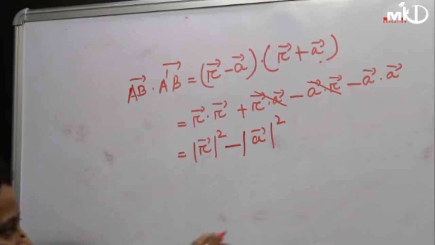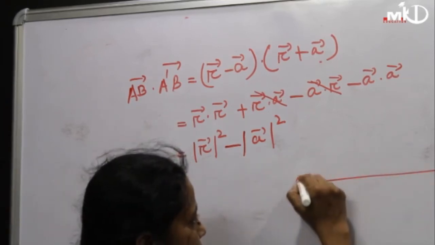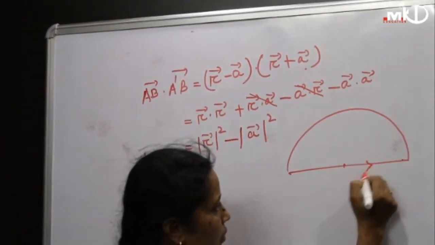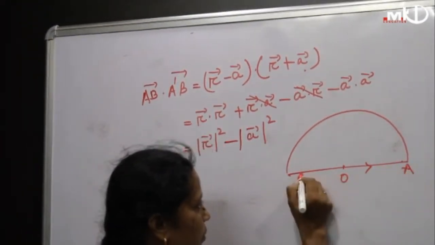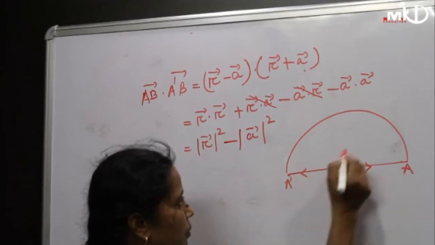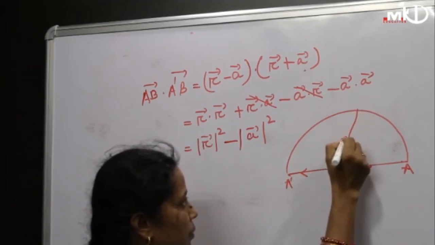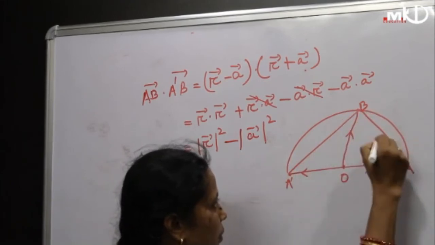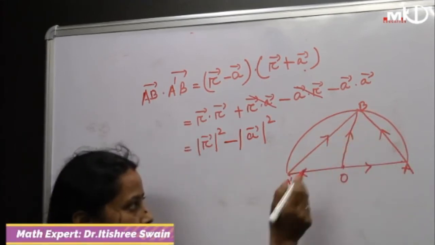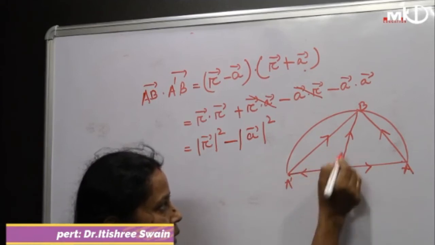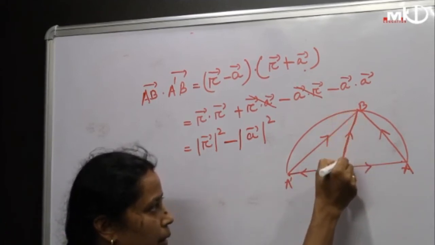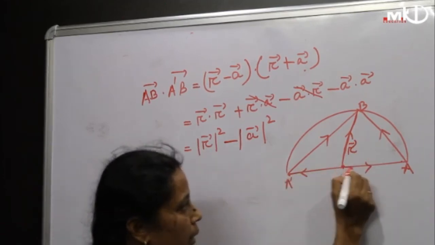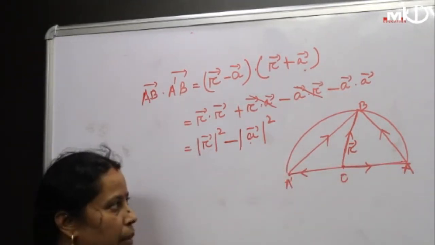Now you see from this figure, vector OB is equal to R bar, and vector OA is equal to A bar.